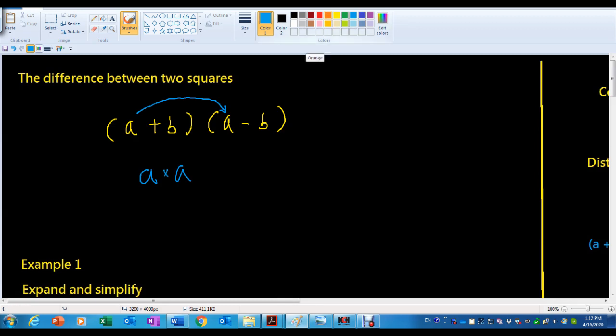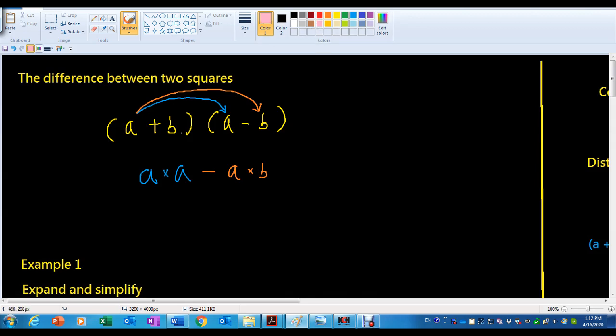O means outer: the first term of the first bracket times the second term of the second bracket, that's a times minus b. A is positive, b is negative, so positive times negative becomes negative, so it's minus a times b. That's our second term.